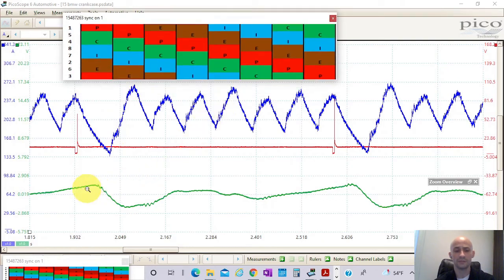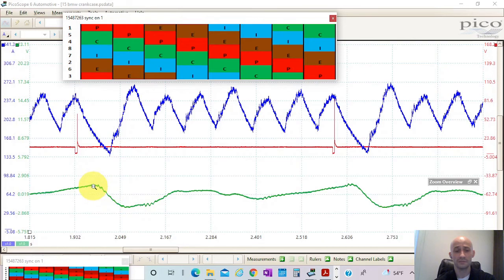And take a quick look at our crankcase pressure. We should see some very even pulses down here, but all we're seeing is one comes down, comes up again halfway, and it starts to come up again. So there is definitely a problem with this crankcase pressure.